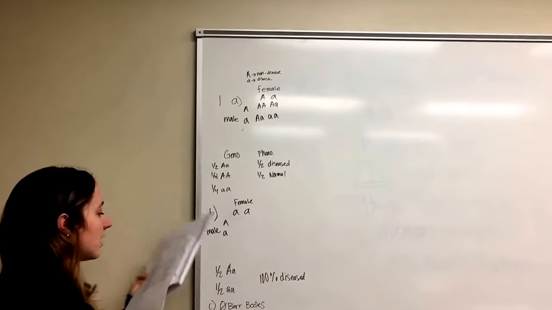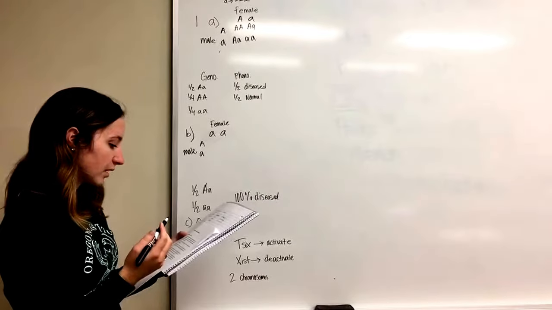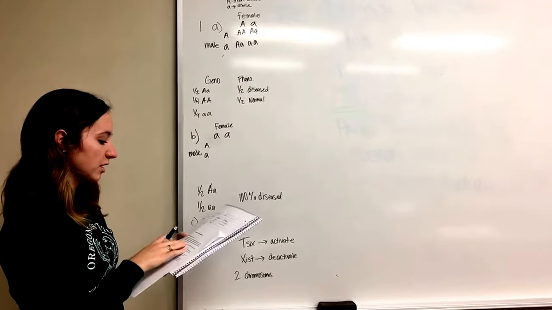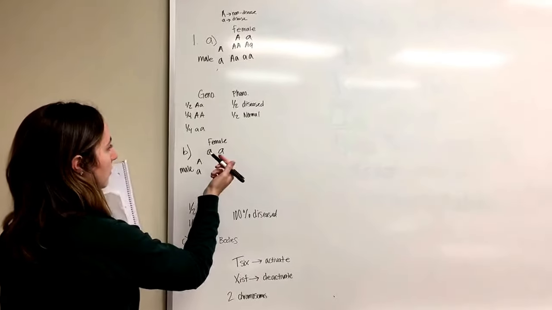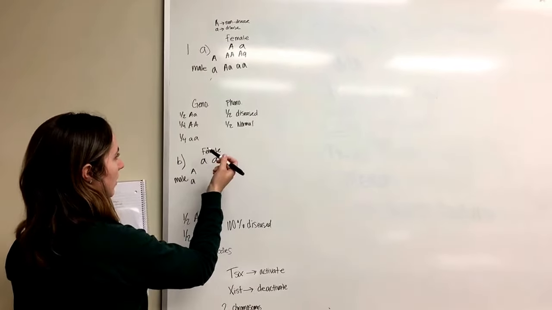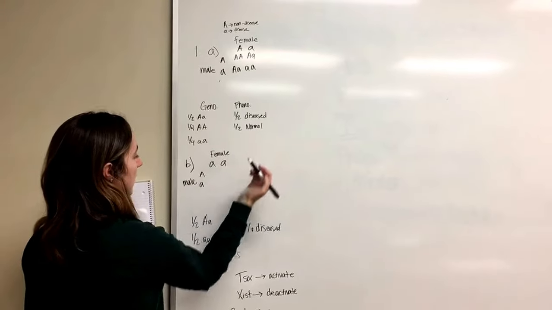Since it says that the imprint silences the paternally inherited alleles, half of them are going to be diseased and half are going to be normal.